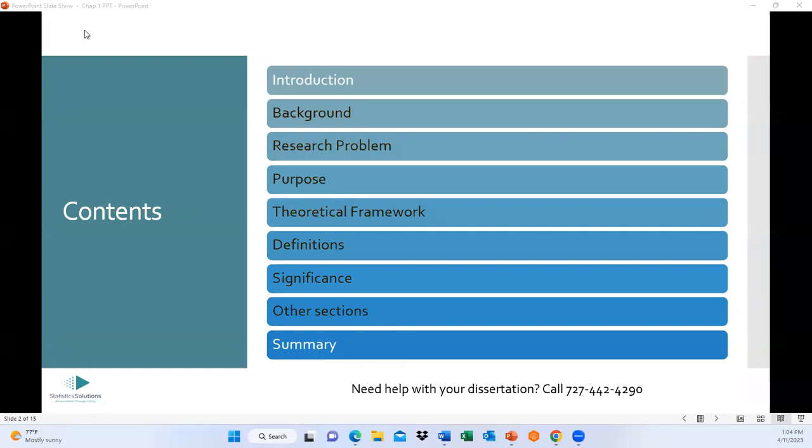I say this at the beginning, and I'm going to say it probably several times throughout the presentation. Always get a hold of your school's template for the dissertation, for the chapters. It will tell you what is required for the dissertation, what is required in the chapters, and what is required in the sections in the chapters. That's really helpful for you, but professors usually go right to the template when they're checking your work, right?